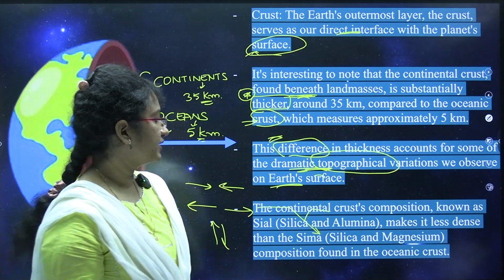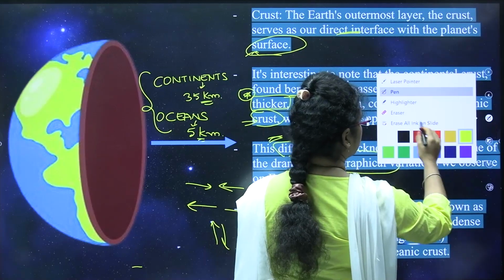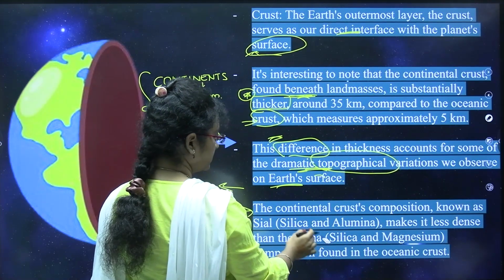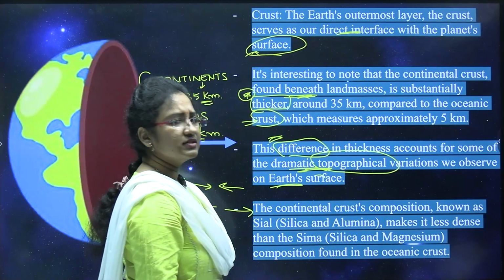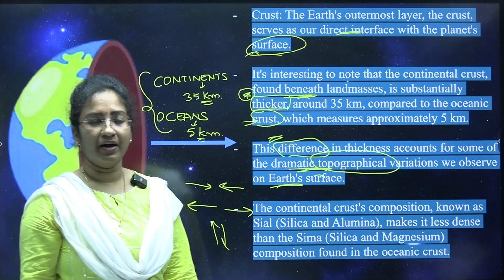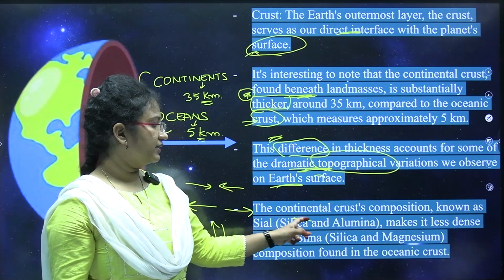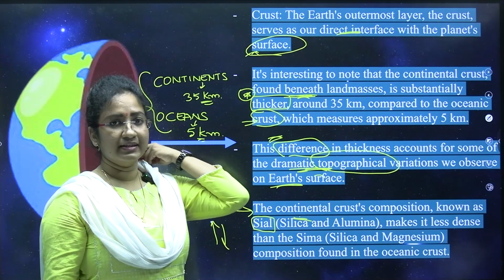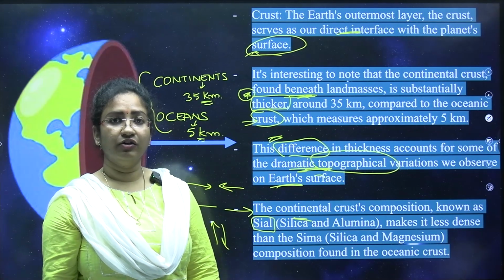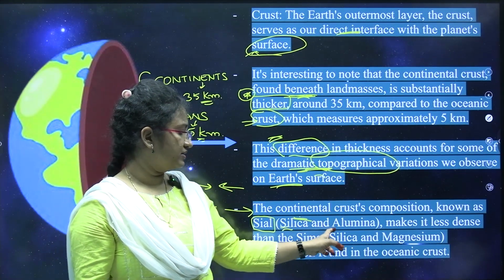And you also have to remember the continental crust composition and oceanic crust composition, what it comprises of, right? Is the composition of crust the same everywhere? No, it is not. Here, the continental crust is known as Sial. Why is it called Sial? Because it is dominated by silica and aluminum. That is why it is called, in short, Sial.